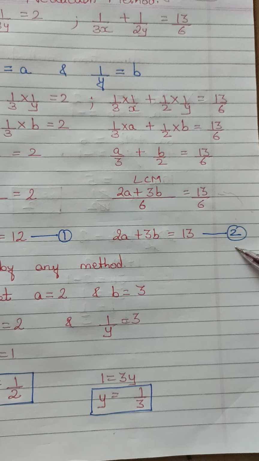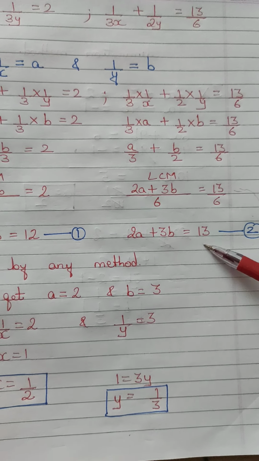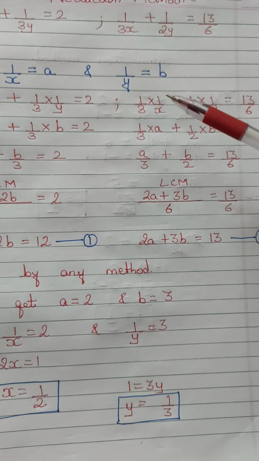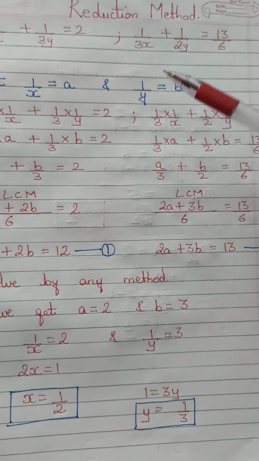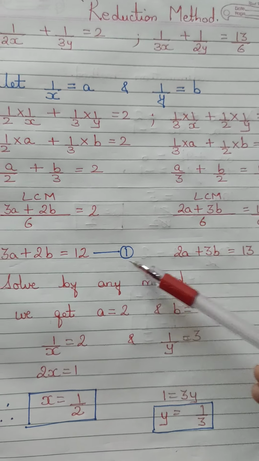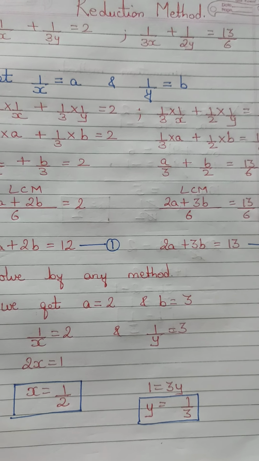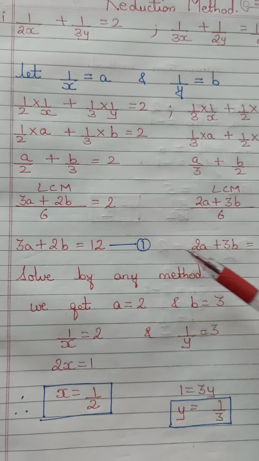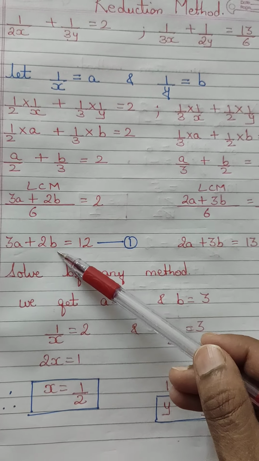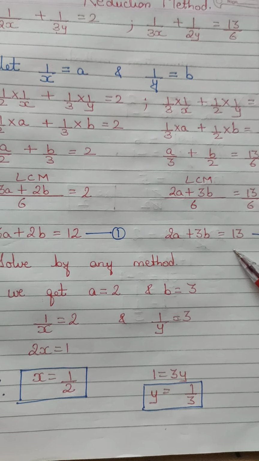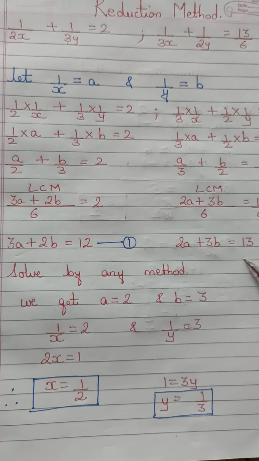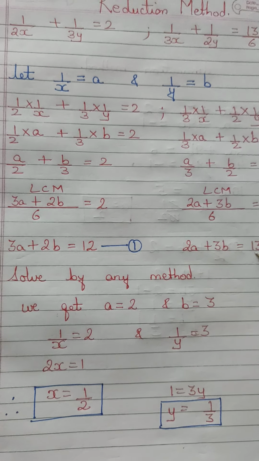So, this is my second equation, which is again reduced. So, first step, I have reduced my question to normal linear equations. Is it okay? After reducing these two equations, now I can solve these two equations by the methods which we have learned, and we can find the values of a and b.